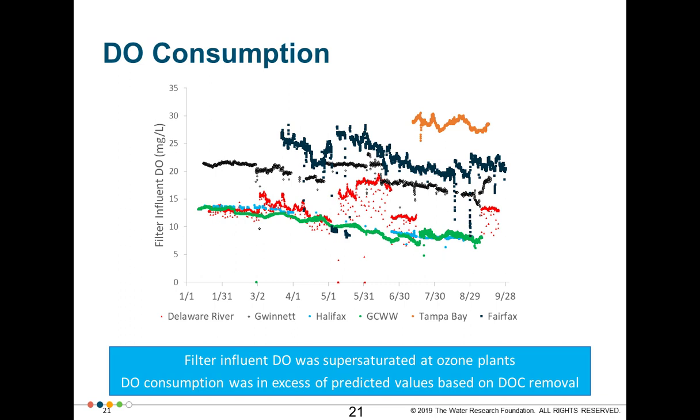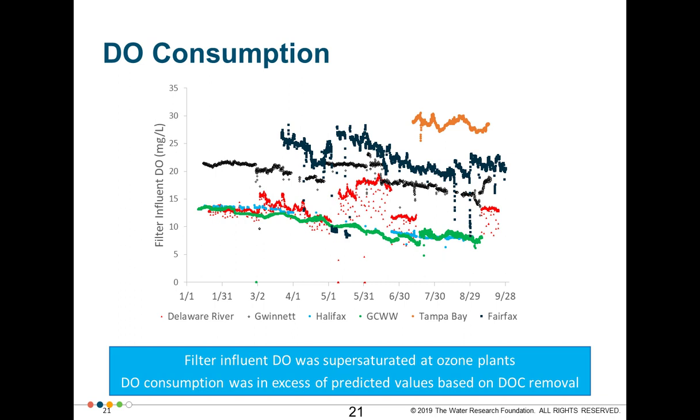So we concluded from that there are other mechanisms occurring in terms of physical equilibration processes from the supersaturated dissolved oxygen in the filter media, either from air binding or just off-gassing of oxygen, that was not representative of biological removal processes, and therefore DO consumption should not be used for pre-ozone facilities.